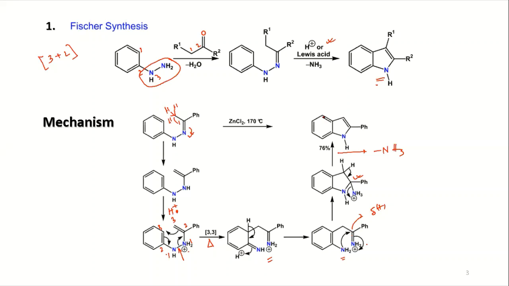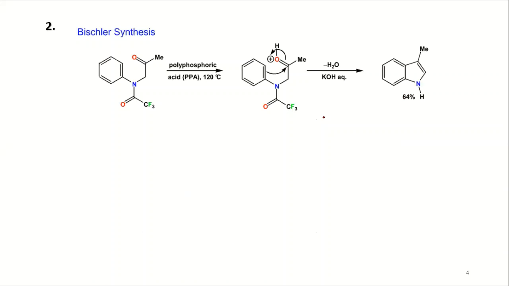Then another important synthesis is the Bischler synthesis. Bischler synthesis is quite easier. Here the substrate itself is a disubstituted amine.